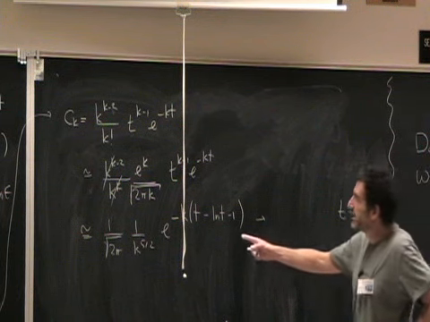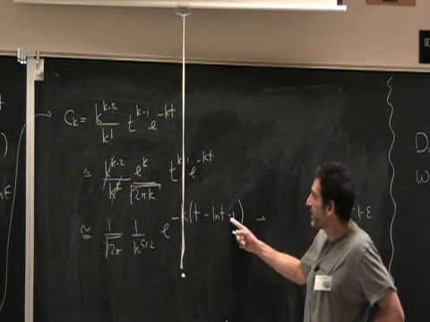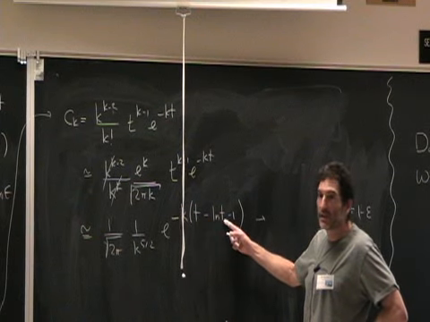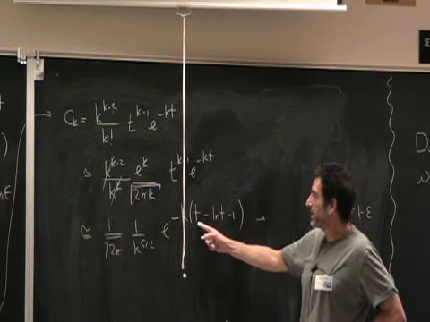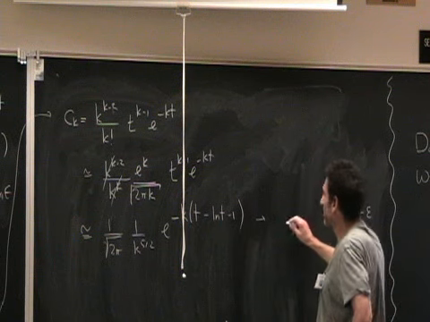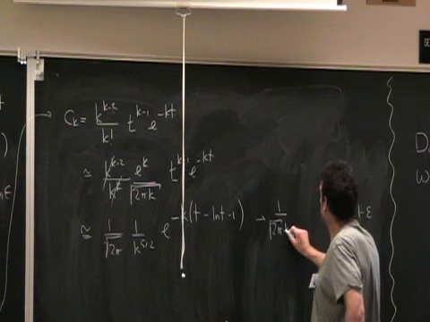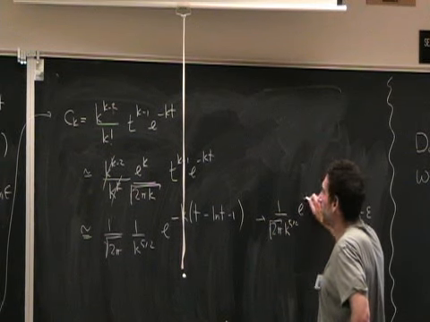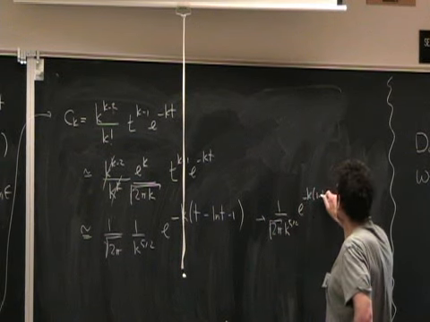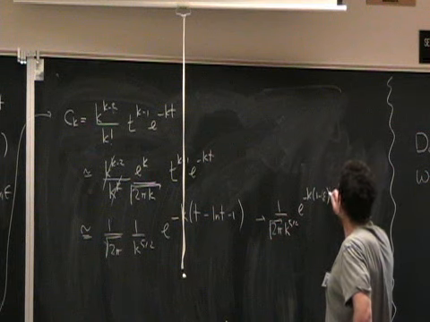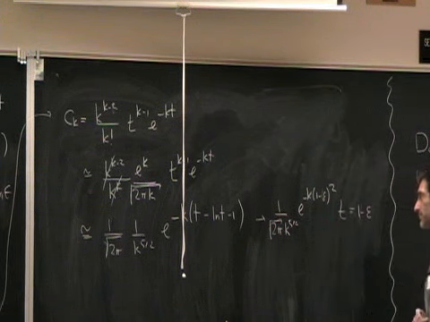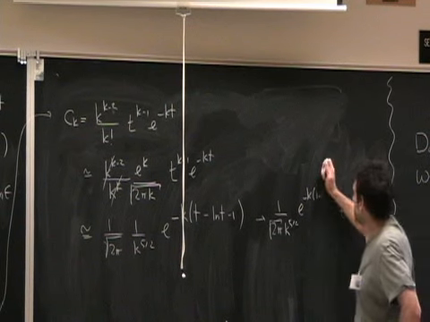So you plug t is equal to 1 minus epsilon here. The 1's cancel. We have an epsilon here. We expand log t. We're going to get epsilon, which cancels that guy, and then an epsilon squared over 2. And what we're going to get then is 1 over the square root of 2 pi, k to the power of 5 halves, e to the minus k, 1 minus t squared.